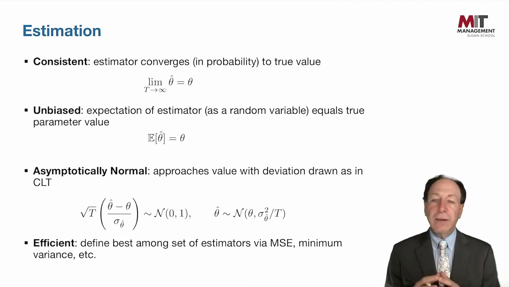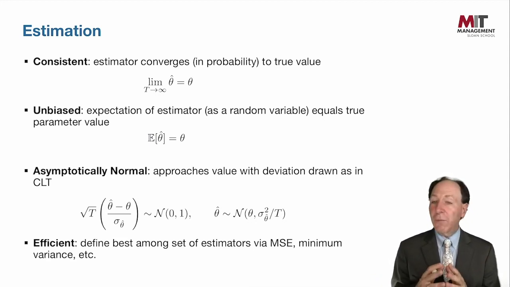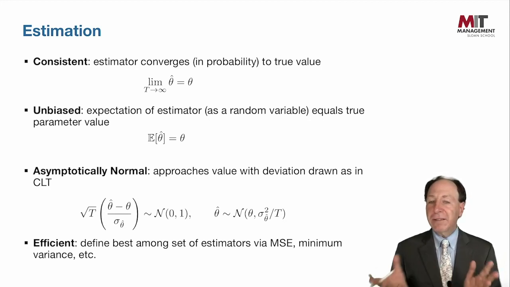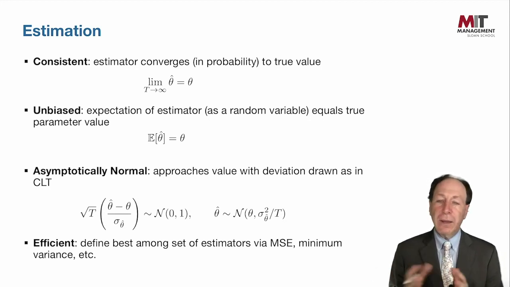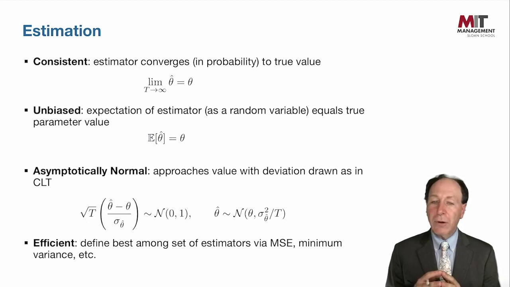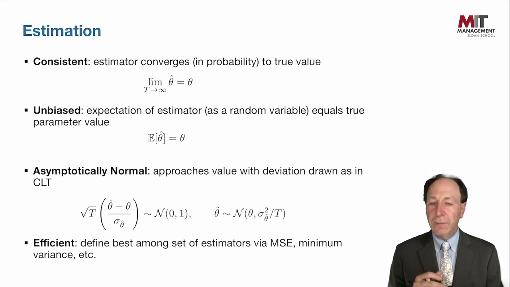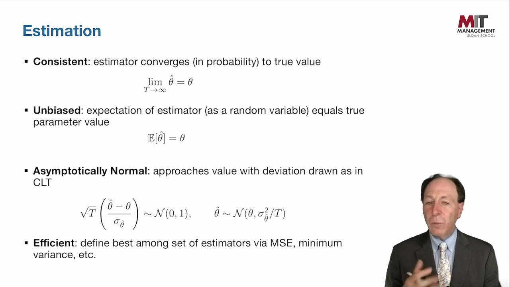And if we have estimators that do all of the above and we have more than one choice, we'd like to find the best estimator, possibly one with minimum variance, and we can talk about efficiency of estimators to give us the best estimate within a given class.